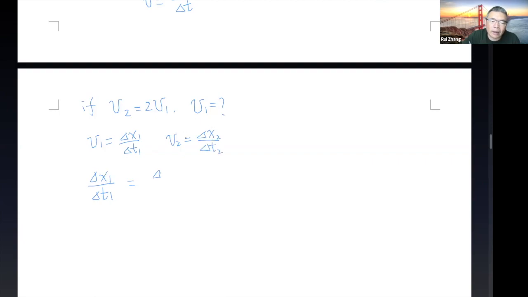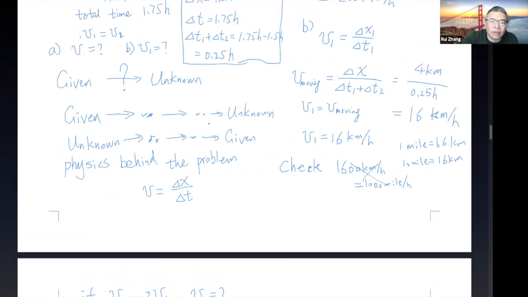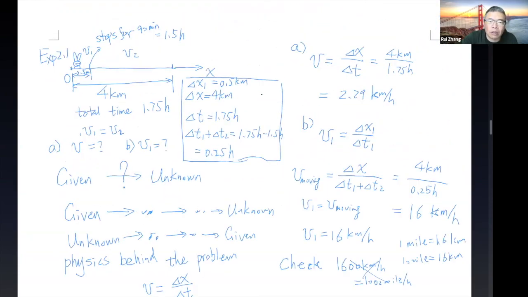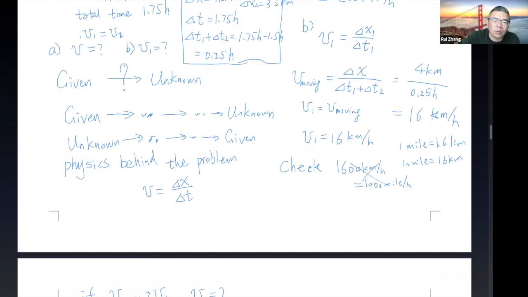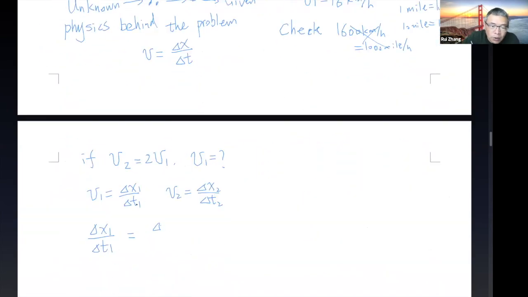And you know delta x2, because delta x1 is 0.5 and the total is 4. So delta x2 actually has to be 3.5, because that's the rest of the distance you have. So you know delta x2, but you don't know delta t1 or delta t2.